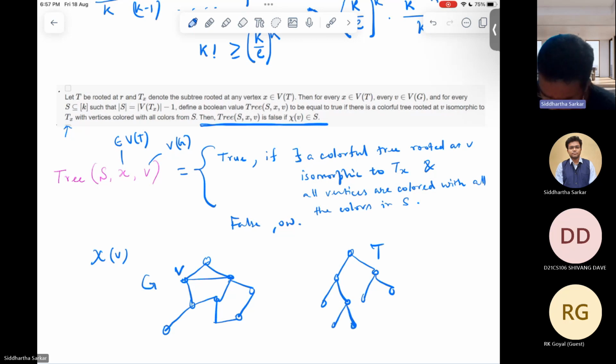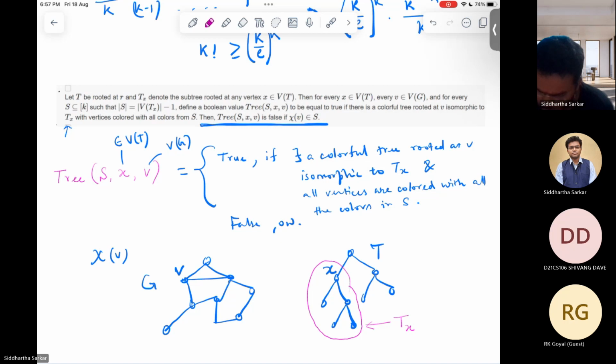Let us say this is X, so X is a vertex in T and V is a vertex in G. So what is T sub X? T sub X is this portion, the subtree rooted at X.